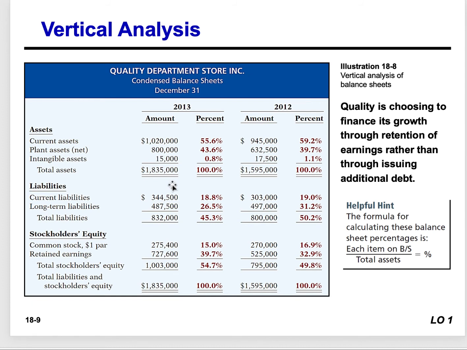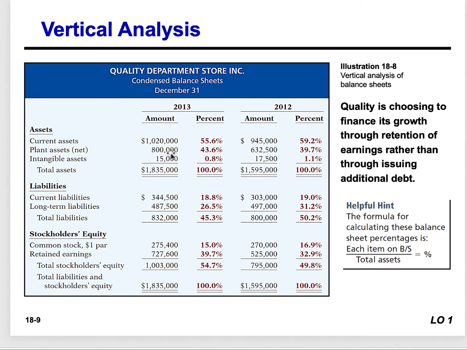That base is usually total assets. So let's look at current assets compared to the total assets. We just divide current assets by total assets, and we get a percentage.